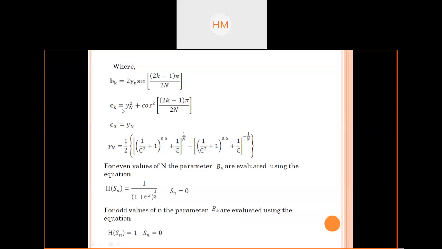All the coefficients bk, ck, c0, yn. For even values of n, the parameter bk is evaluated using the equation H(Sn) is equal to 1 upon (1 plus epsilon squared) whole to the power half, Sn is equal to 0. For odd values of n, the parameter bk is evaluated using this equation: H(Sn) is equal to 1, and Sn is equal to 0.